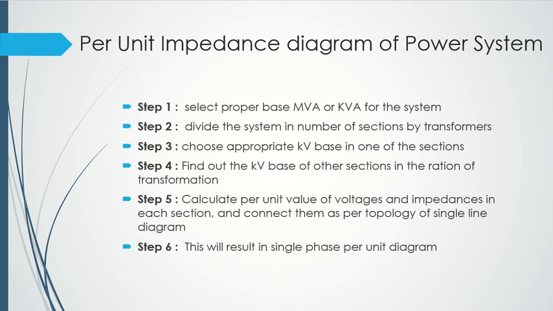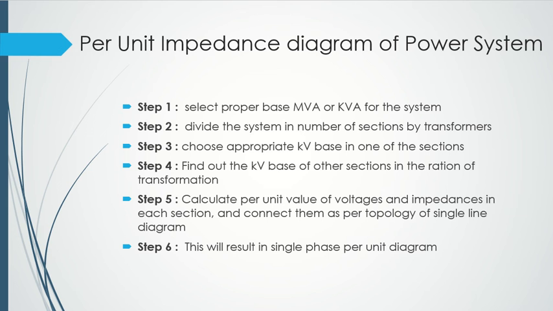The first step is that we select the proper base MVA or base KVA, whatever is suitable for my system. Second step, we divide the whole system in a number of sections by the given number of transformers.